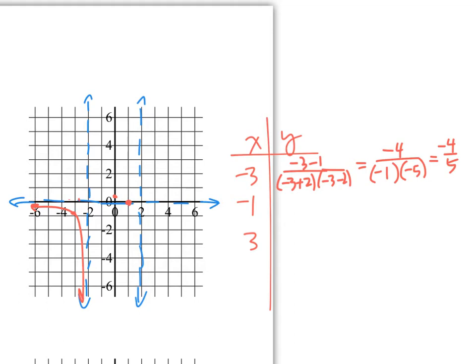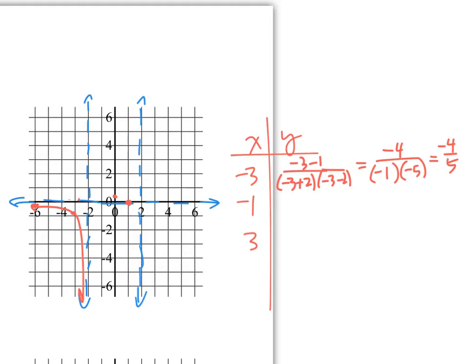So knowing that one point is in that section tells me that the graph will just try to get to the asymptote and try to get to the horizontal asymptote. Does that make any sense to you guys? Okay, so all I want to know is, is it on the top or on the bottom?